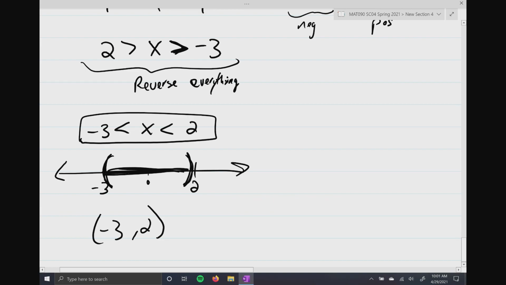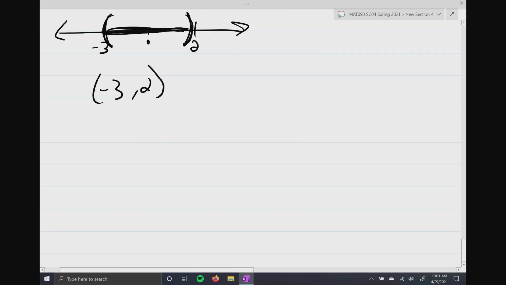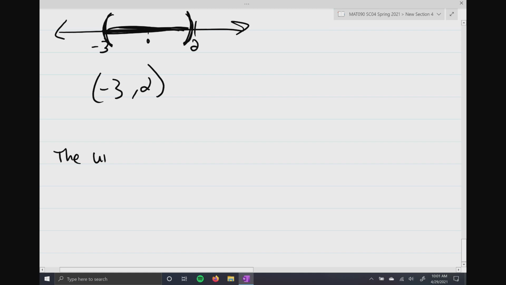Now we're going to transition a little bit. We're going to do the union. Once we do the union, I'm just going to start throwing problems at us, okay? So the union of two sets, or better yet, let's write it like this. The word or denotes the union of two sets.